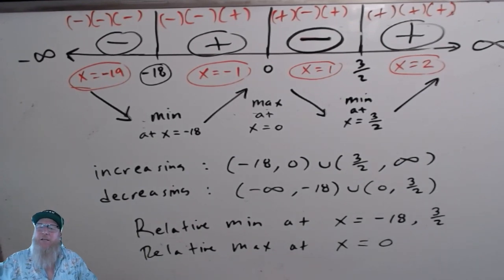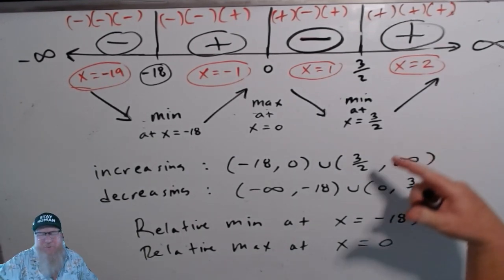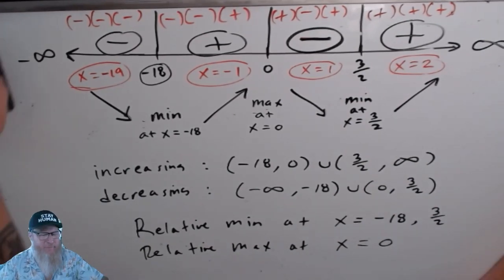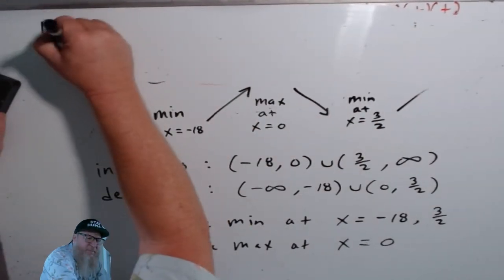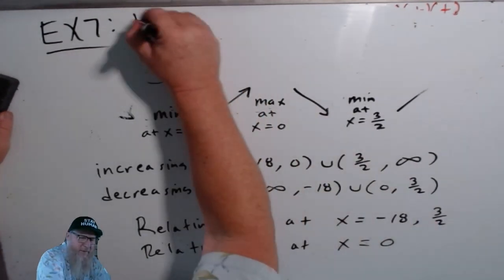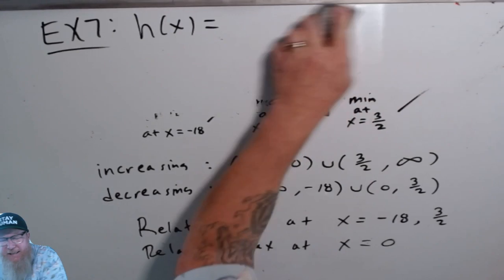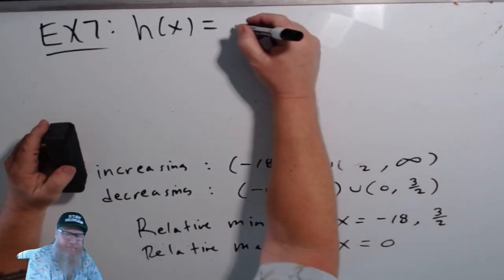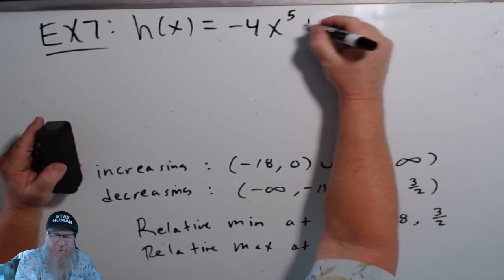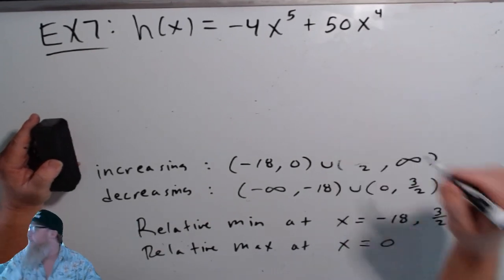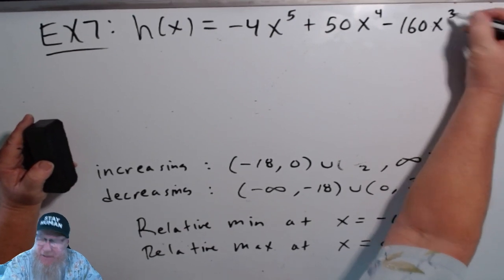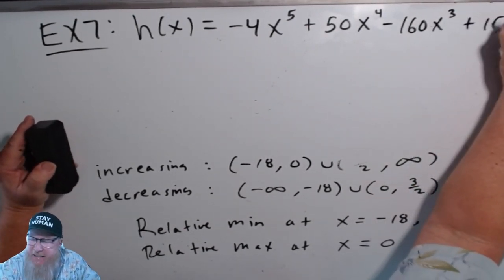All right, so notice I go second degree, third degree, fourth degree. What's next? Fifth degree polynomial for the next example. It's called a quintic. So negative 4x to the 5th plus 50x to the 4th minus 160x to the 3rd plus 15.